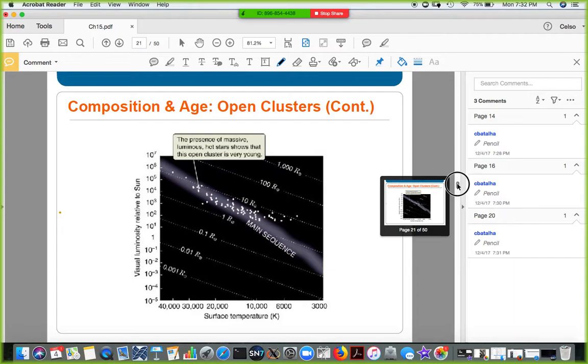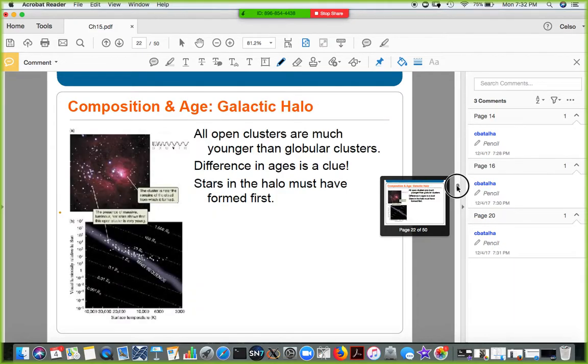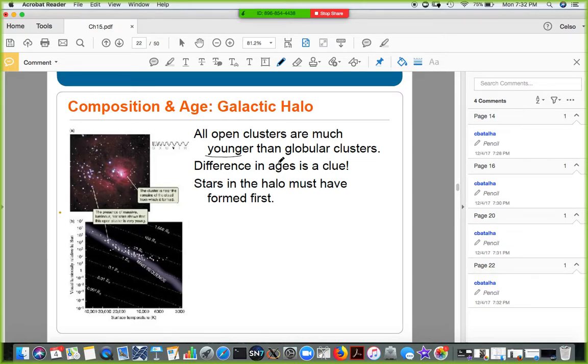But anyway, open clusters are much younger than globular clusters because they are recently formed. Once open clusters are formed, in a few million years or 100 million years, they disperse because the stars don't stay together that long.